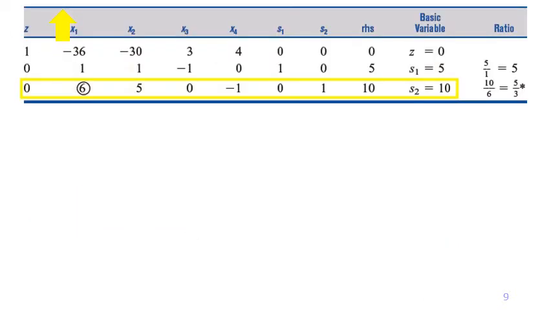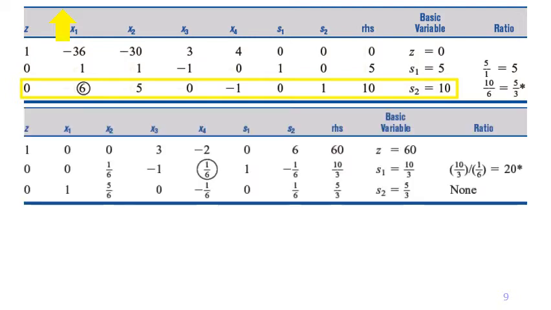So this is what we had from the previous slide. Now in step 5 of the simplex algorithm, you perform row or elementary row operations such that the column of x1 will look like this. So the column of x1 will become 0, 0, 1. The only position where it is 1 is where the pivot was, and in other positions, it becomes 0.